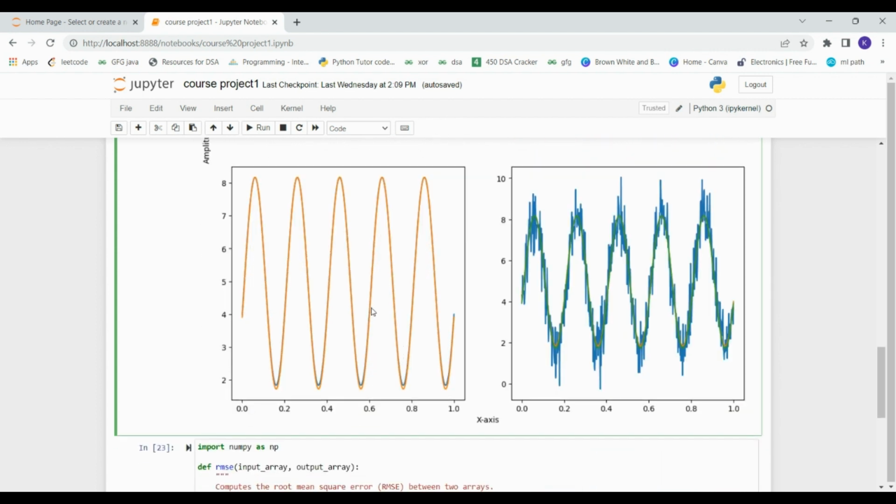In this graph, I have plotted a true signal and the denoised signal, which is same as true signal. And in this graph, all the three plots are plotted. If you see this graph, it looks like both graphs are same, but we do not get 100% accuracy. So you have to check how accurate the output is.